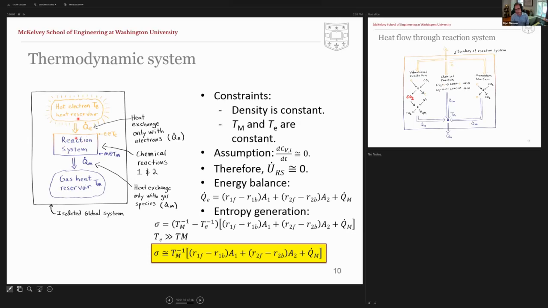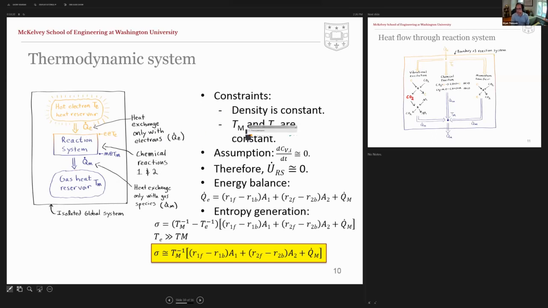And so the heat from the high temperature reservoir maintains those electrons at a constant temperature TE. Similarly, the low temperature reservoir interacts only with the gas molecules and maintains those gas molecules at a constant temperature Tm. And so the constraints are that the density in the reaction system is constant.